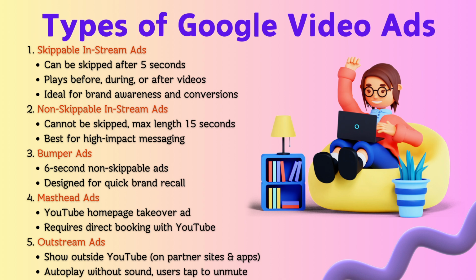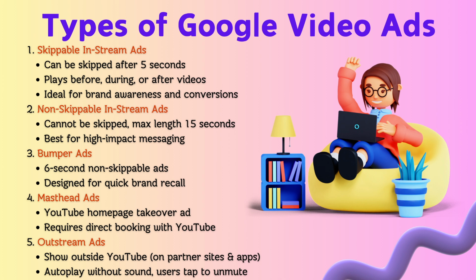Bumper ads are designed for quick brand recall. For example, we see Zomato or Dineout ads like fresh biryani, fresh paneer tikka masala. That 6 second ad is what we call a bumper ad.